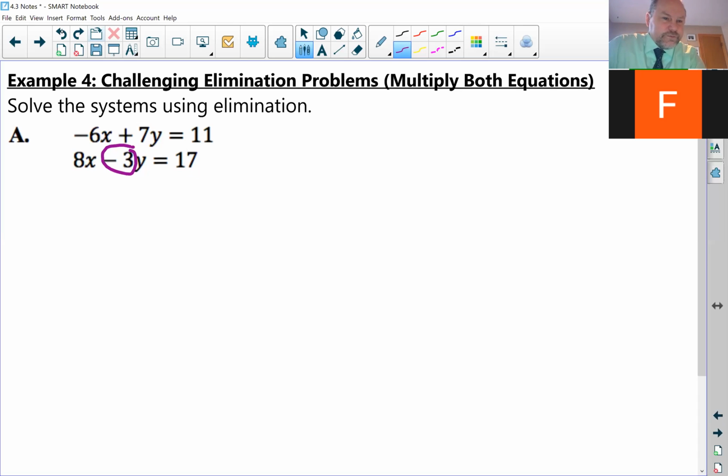So I'm going to multiply the first equation by 3. And then because the signs are opposite for my y's, I'm going to multiply the second equation by 7. Because they're opposites already, I'm just multiplying by the positive coefficient in the opposite equation.